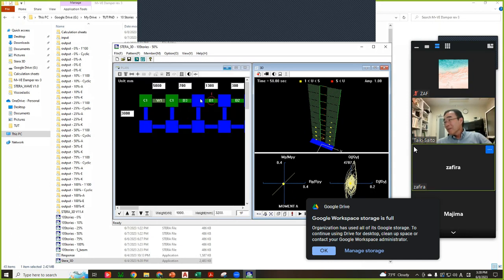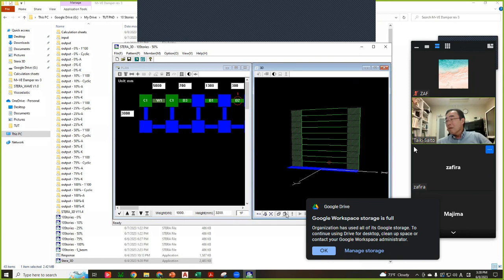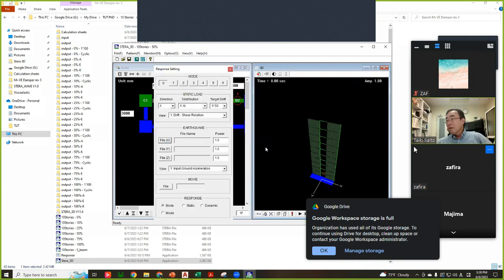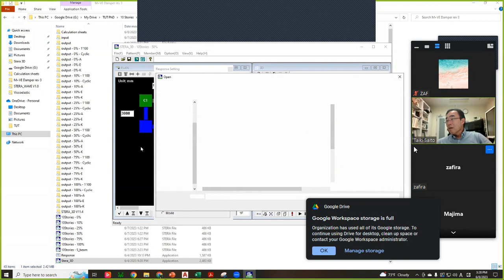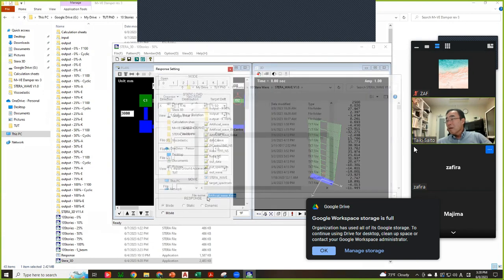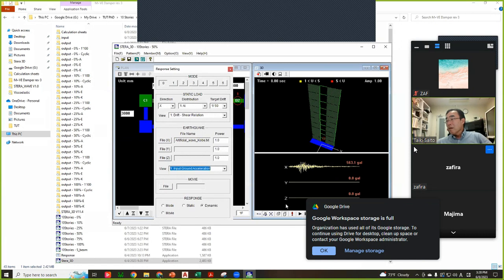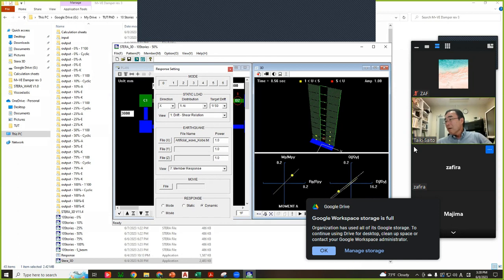Same beam. This is metallic. Only 0.2. Why is shear force so small?